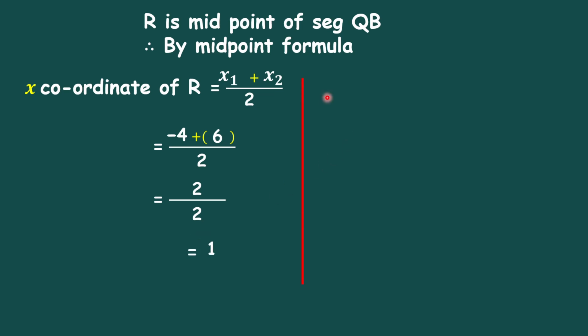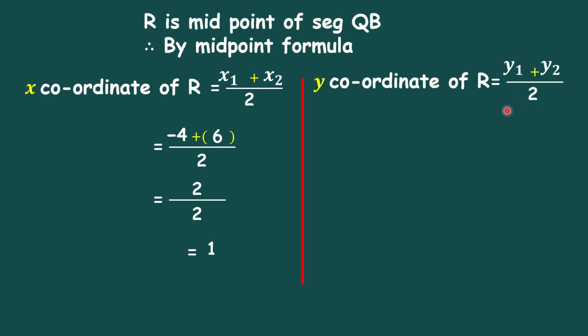Now to find the y coordinate of point R, we know that the y coordinate of point R is y1 plus y2 upon 2. Here y1 is the y coordinate of point Q, which is negative 6, plus y2 is the y coordinate of point B, which is negative 2 upon 2. Here 6 and 2 have same sign, therefore give the same sign.